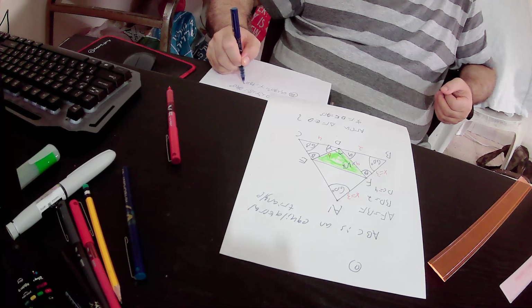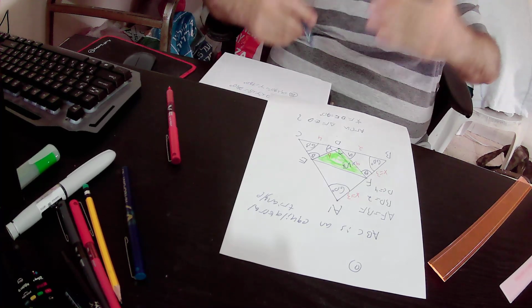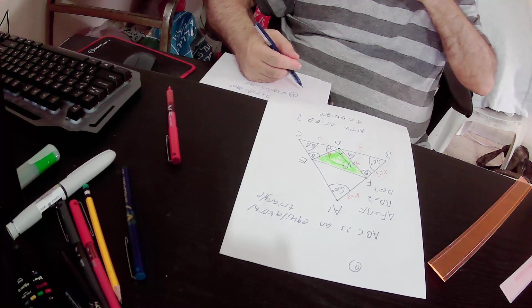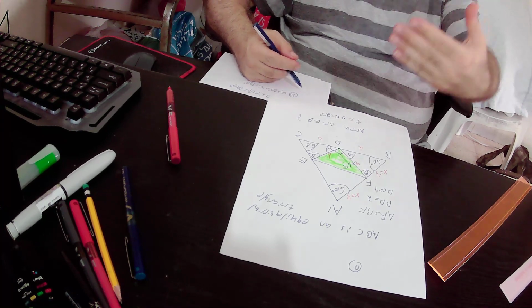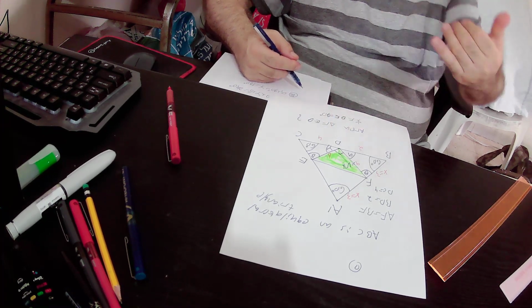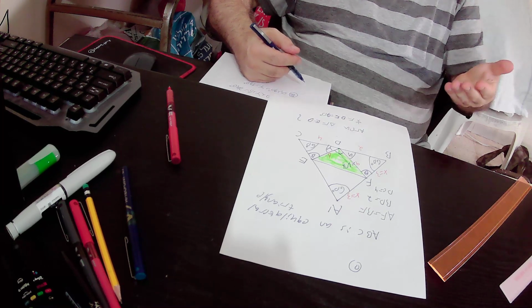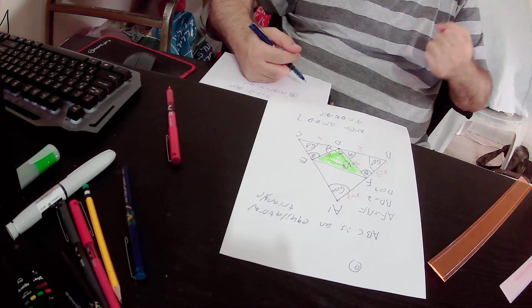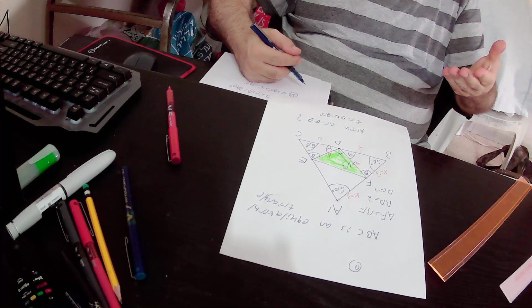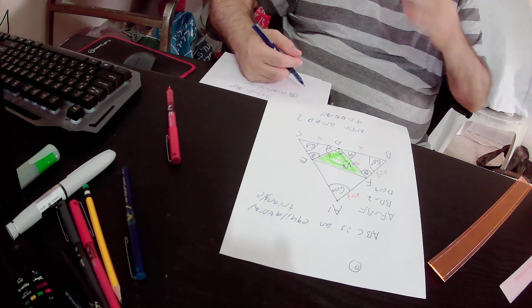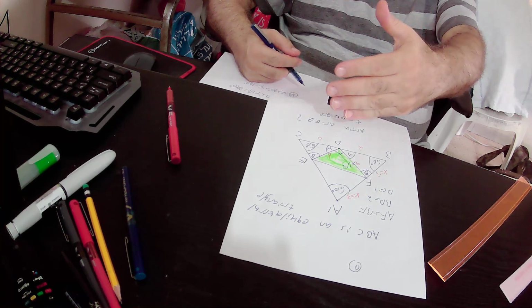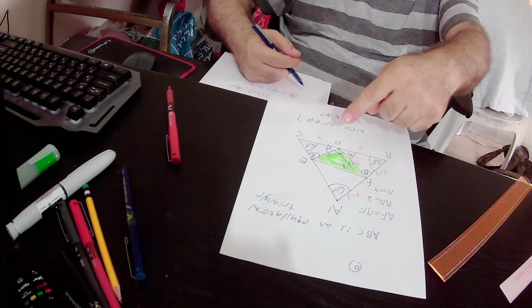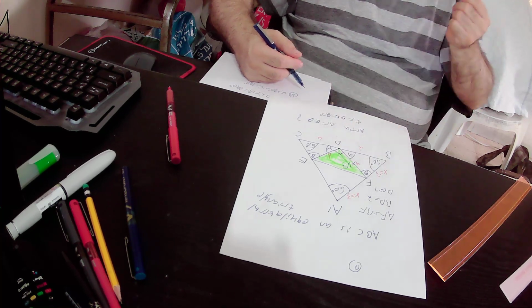Again, the sum of the angles on the upper side of a straight line equals 180 degrees, and it is also true that the sum of the angles on the bottom side of a straight line equals 180 degrees.